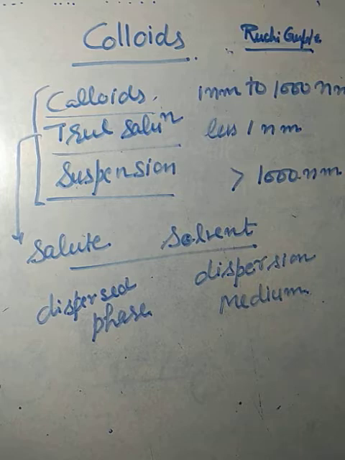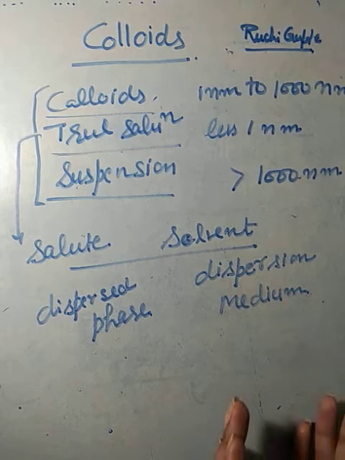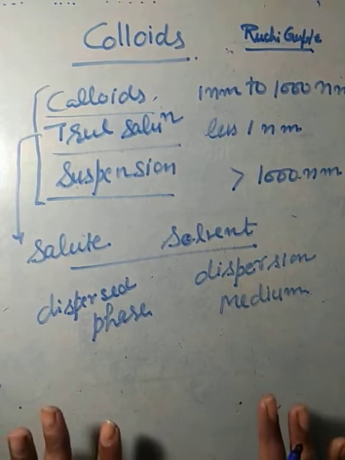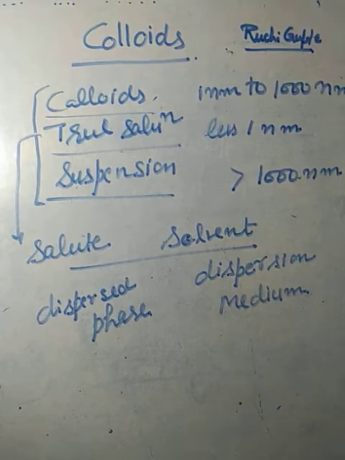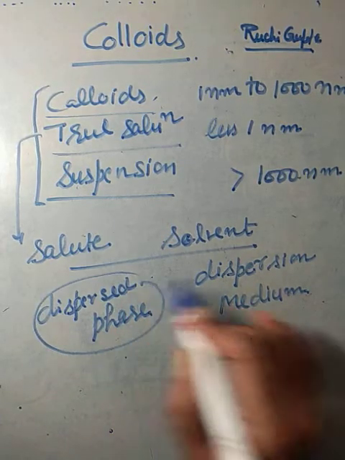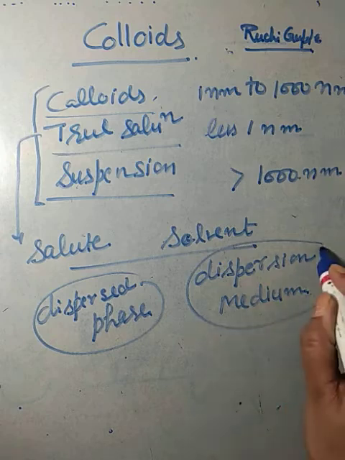It means the dispersed phase is the substance distributed in the dispersion medium in the form of colloidal particles. And dispersion medium means the medium in which the substance is dispersed in the form of colloidal particles. That means the dispersion medium behaves like a solvent in which the dispersed phase is distributed in the form of colloidal particles. So it is called the dispersed phase, and here it is the dispersion medium.